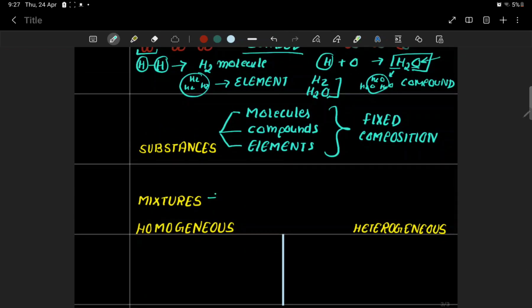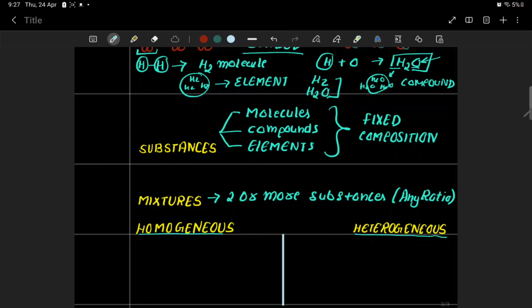In mixtures, we have two or more substances in any ratio. So when we classify mixtures into homogeneous mixtures and heterogeneous mixtures, we don't take account of the ratio of the substances, but how uniformly or not uniformly they are distributed.